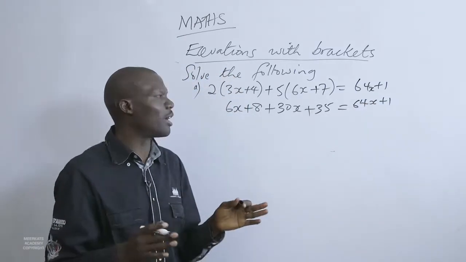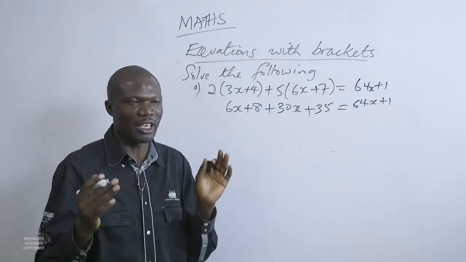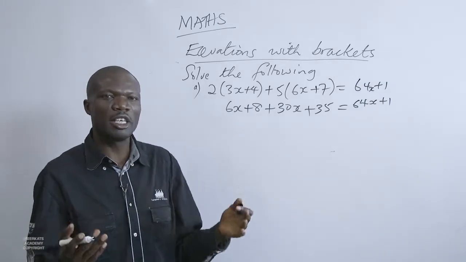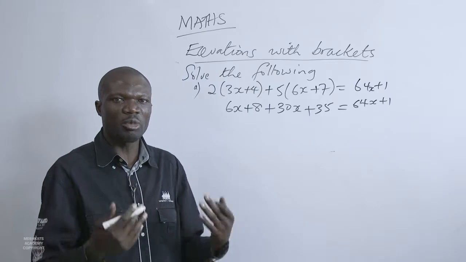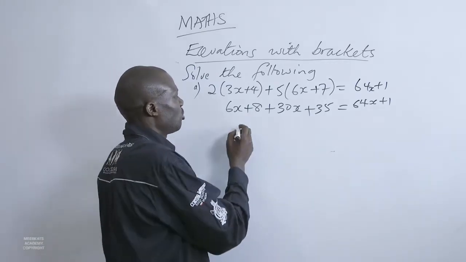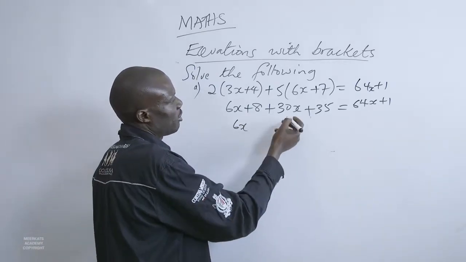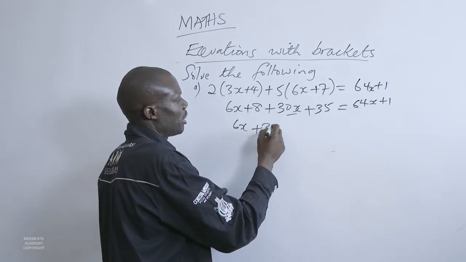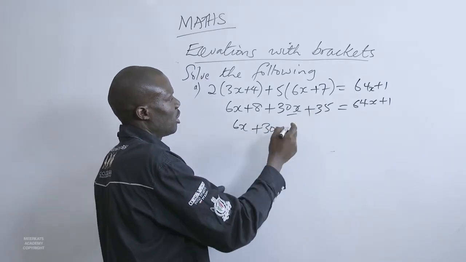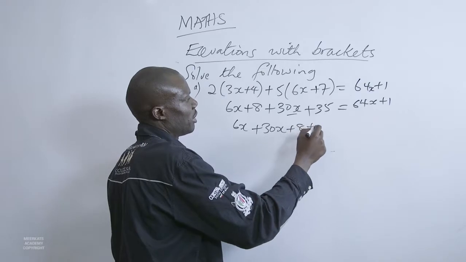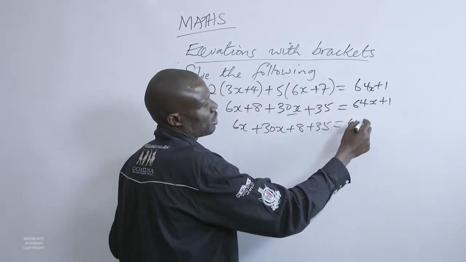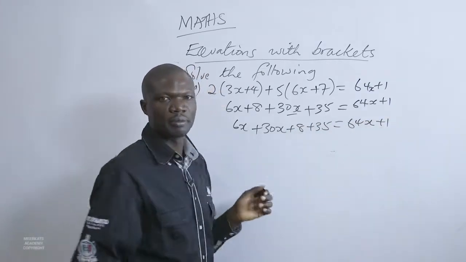So we go ahead now and start collecting like terms. We can easily collect them by bringing them together. So this one is 6x, anything with x is here, which is a plus 30x, and then nothing else. We have plus 8 plus 35 is equal to 64x plus 1.